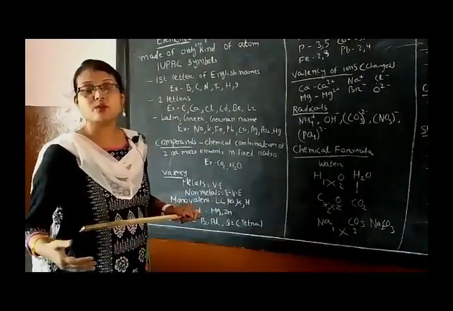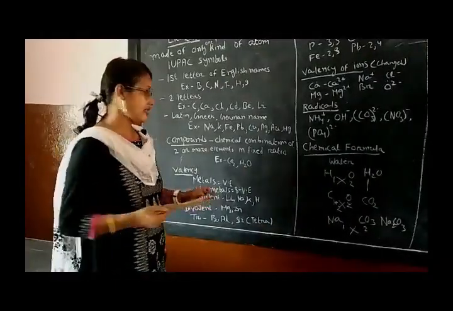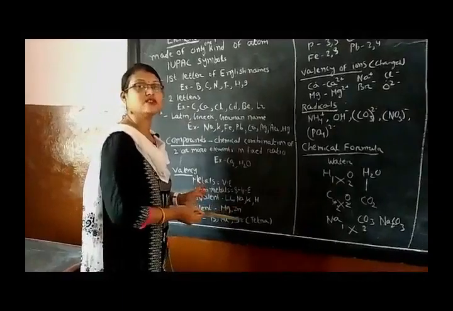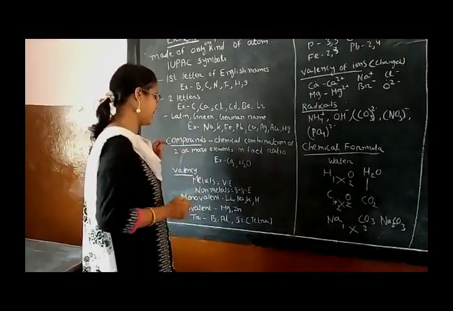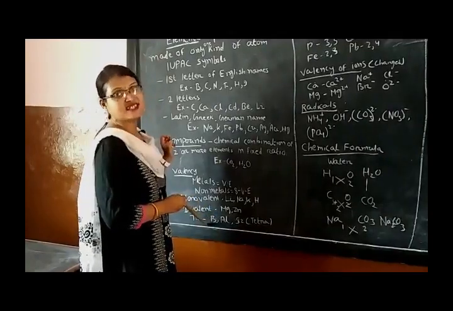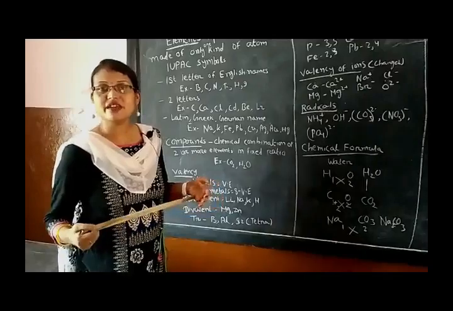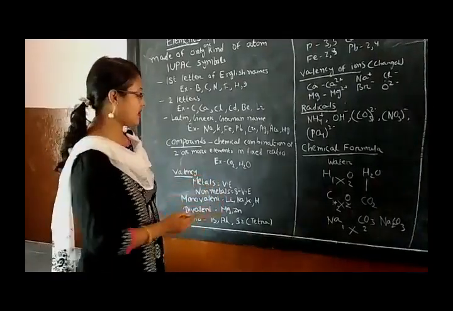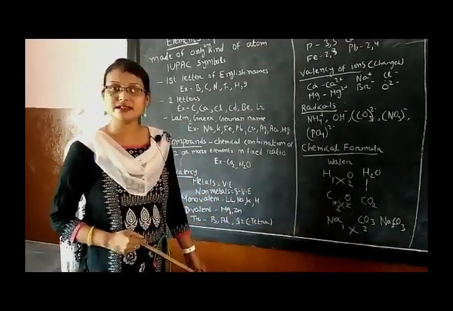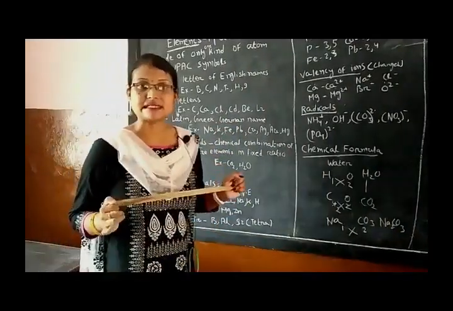If it possesses valency 2, then it is called divalent, like magnesium and zinc. Boron and aluminium possess valency 3, so they are called trivalent. Silicon and carbon possess valency 4, so they are called tetravalent. Likewise, we can categorize valency.